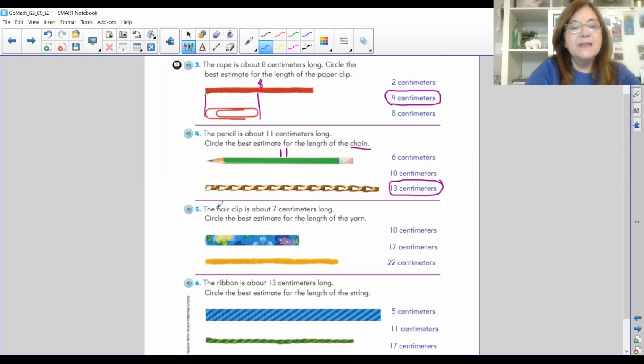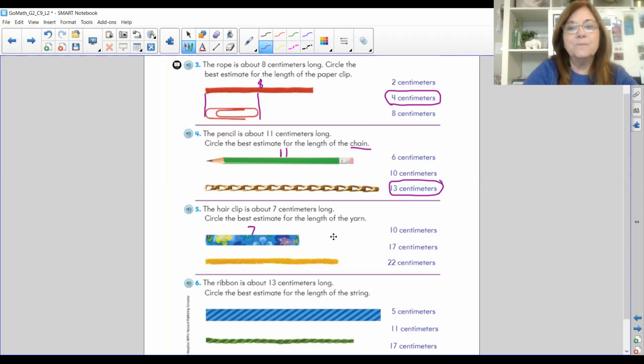Now, this hair clip is about 7 centimeters long, and we're going to circle the best estimate for this yellow piece of yarn. So is this yarn longer or shorter than the ribbon? Yes, it is longer than the ribbon. So it's going to be longer than 7 centimeters. So do you think it is 10 centimeters or 17 centimeters or 22 centimeters?